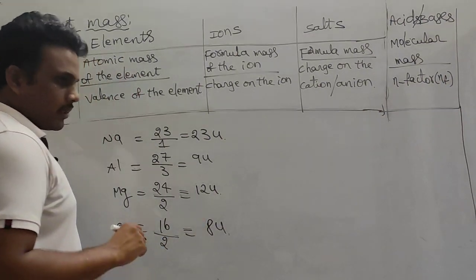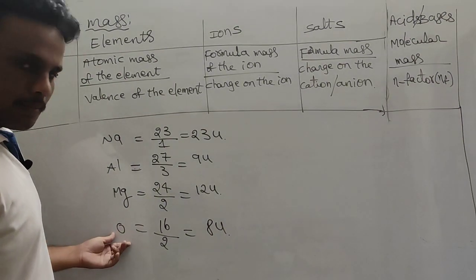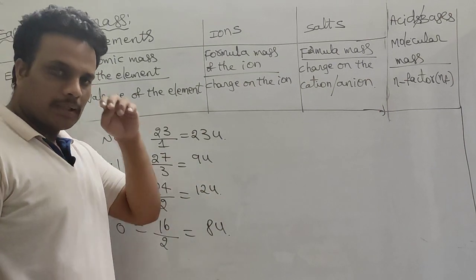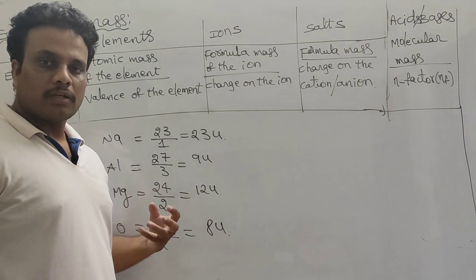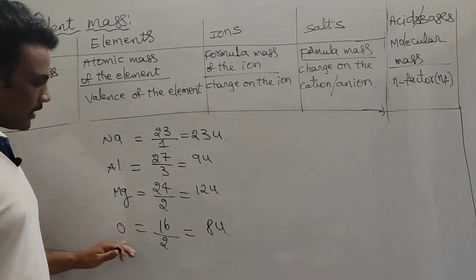But here is one point I want to highlight: whether you take oxygen in atomic state or molecular state, O2 or ozone, O3, whatever it may be. Not only oxygen, every element in its atomic state or molecular state has the same equivalent mass. Oxygen atom has 8 units.